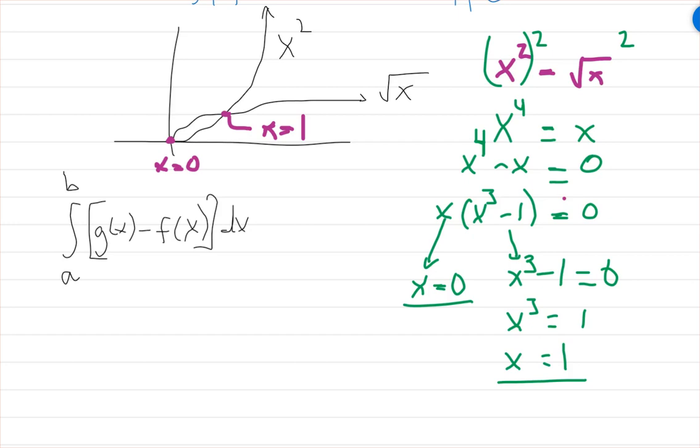The way I've drawn this, x squared is the bottom and the square root of x is the top, because they intersect here, and then he goes underneath, and then they intersect again. So our left bound will be 0, our right bound will be 1, and g of x is our top function, so the integral of square root of x minus x squared dx.